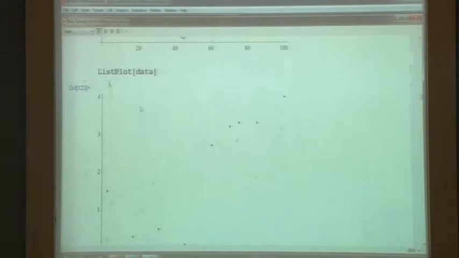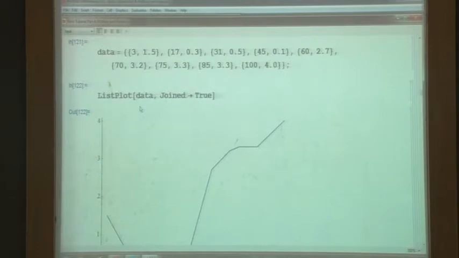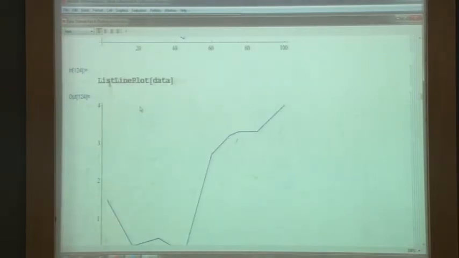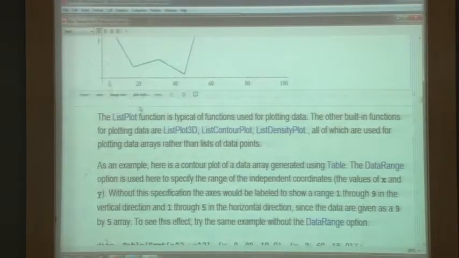We can also use list line plot, and it will create the same graph. You see? So as I said, there are many different ways of doing things in Mathematica. You can use list plot and then join true, or you can use directly the list line plot. List line plot will directly do the lines for you.